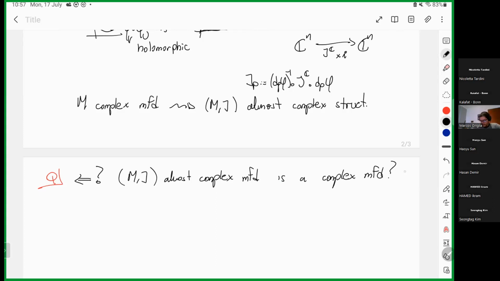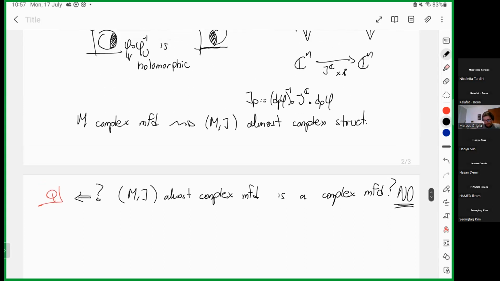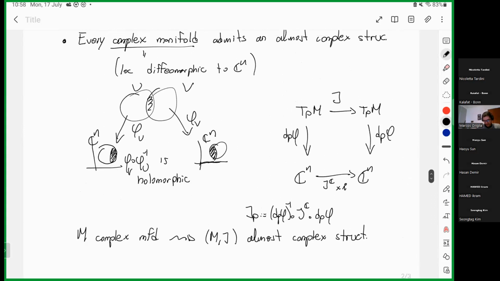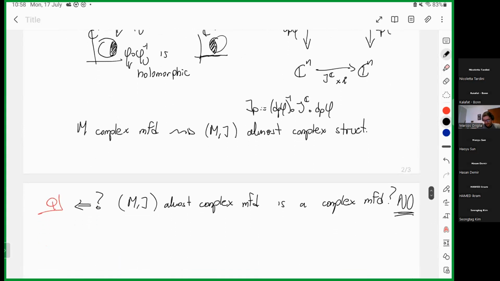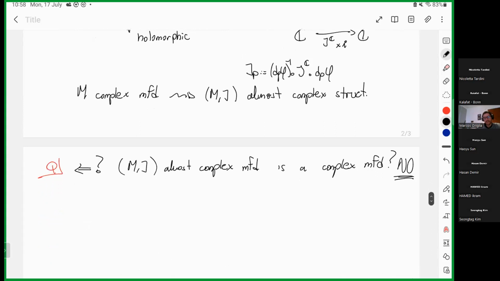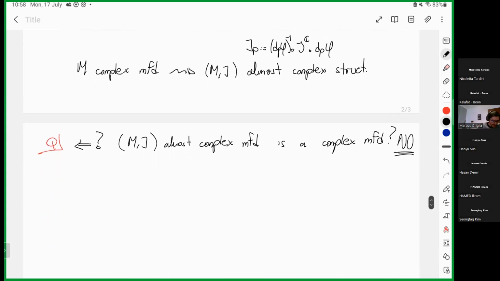And the answer is no. So we need some extra condition in order to define a local holomorphic map. The existence of this almost complex structure is not enough.